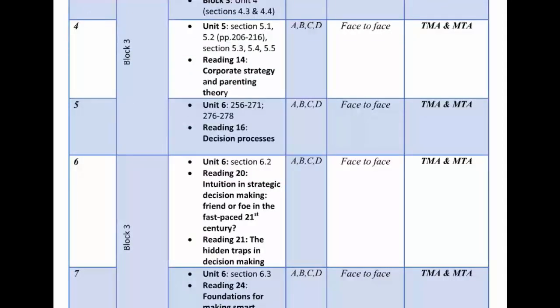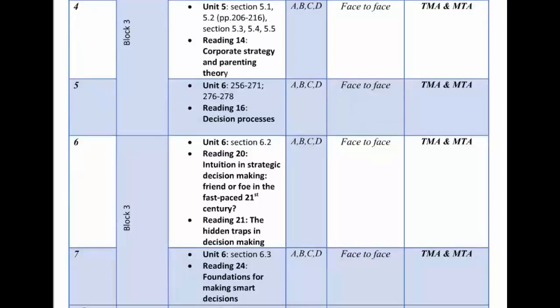Week number 5, we will have unit 6. And in unit 6, they did not put any sections, rather they put page numbers. For example, in unit 6, we will take pages 256 until 271, and then also 276 until 278.